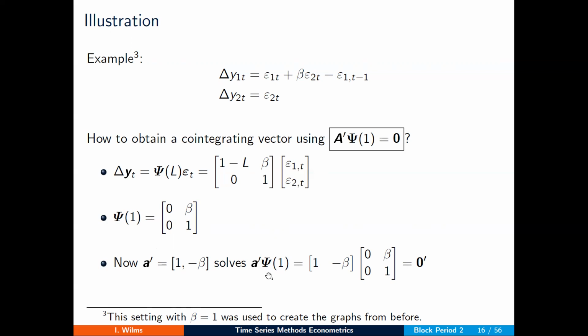And this vector A prime needs to satisfy here this 0 restriction from the box. Now, for which vector is this true? Well, this is true for the vector (1, minus beta), because you can see this immediately from, let's say, the second column by expanding this matrix product.